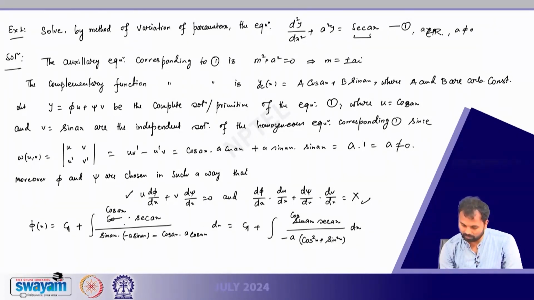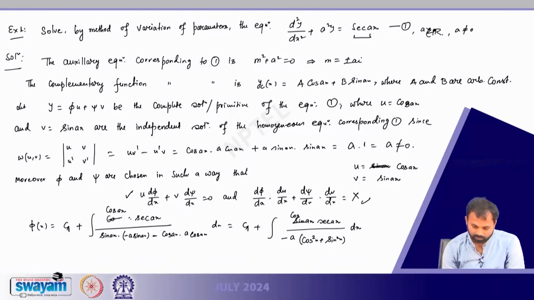So, this was already correct. I am confusing myself. So, u is equal to cos of Ax, and v is equal to sine of Ax. According to the formula, this should be v of x. So, v is sine of Ax, right. So, this was already correct.